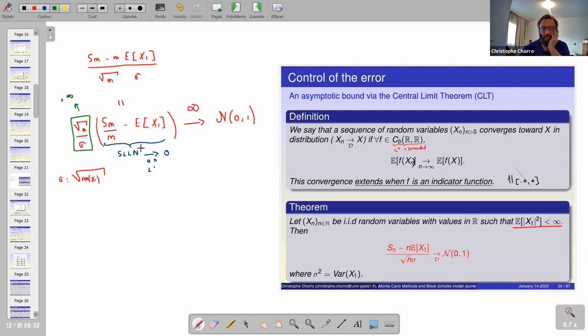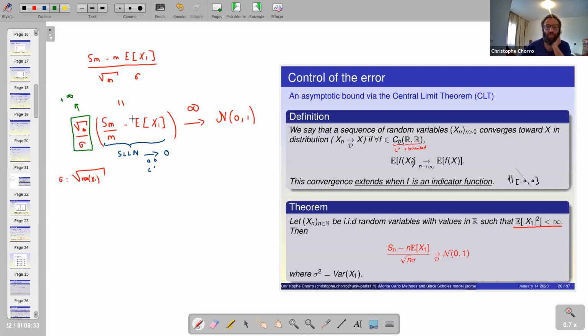So it means that intuitively, the speed of convergence of this one toward 0 is more or less a constant multiplied by 1 over the square root of n, because this one converges toward plus infinity at the speed of square root of n. If I want the product to be convergent, this one has to converge towards 0 at the speed of 1 over the square root of n up to a constant.